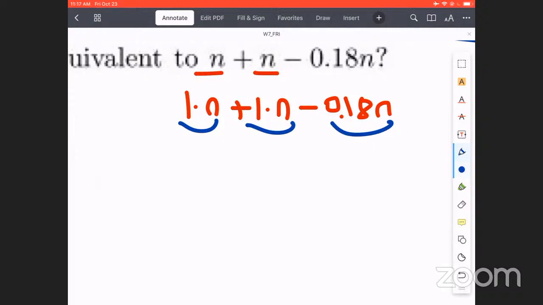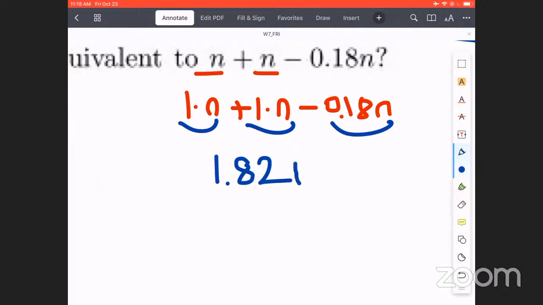So if it's yes, what happens if you combine them? 1 plus 1 minus 0.18. Okay, what do you think? Yes, it is 1.82, because 1 plus 1 is 2, and 2 minus 0.18 is 1.82.